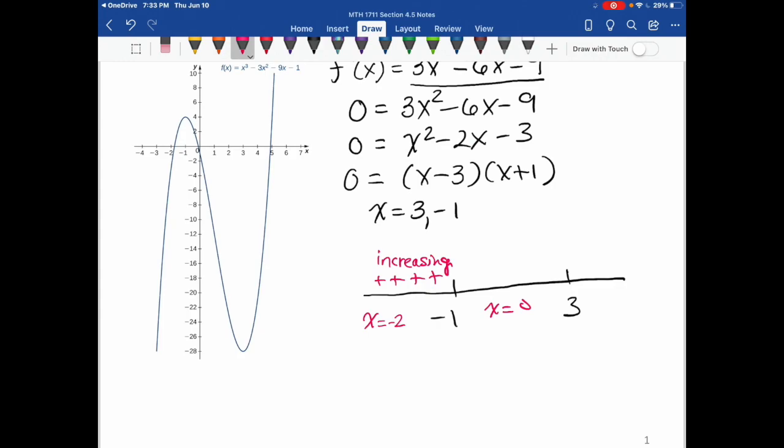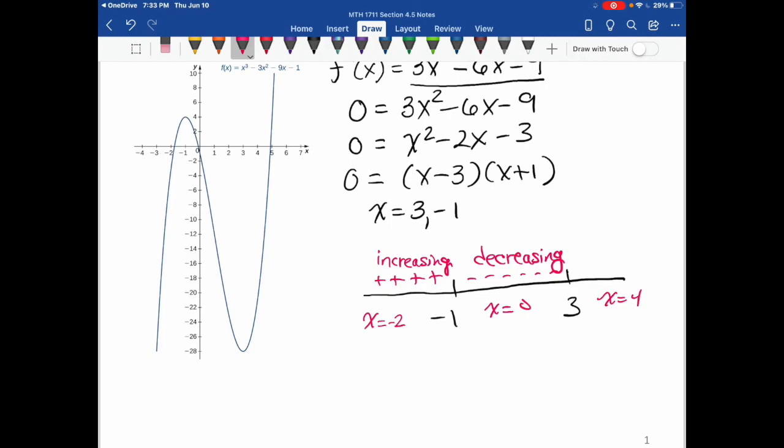Now, between negative 1 and 3, let's say I pick the test point 0. If I plug in 0, I'm going to get a negative value, which means my slope is negative. And so my function is decreasing on the interval between negative 1 and 3.